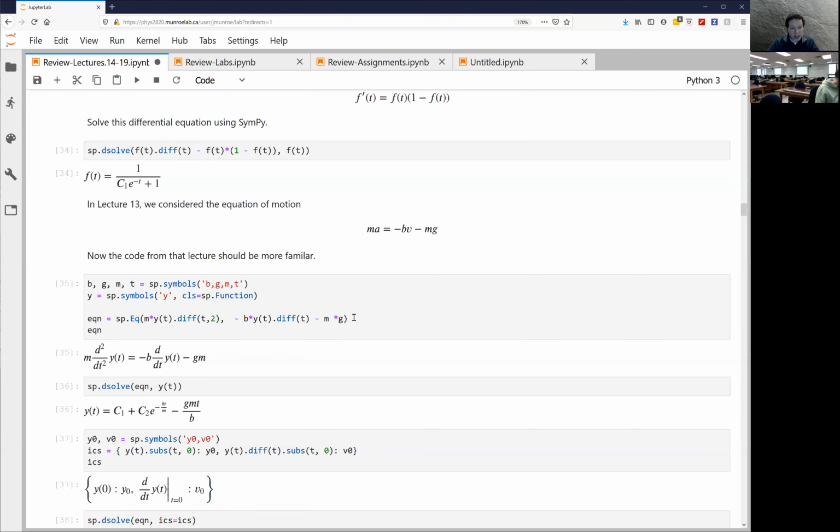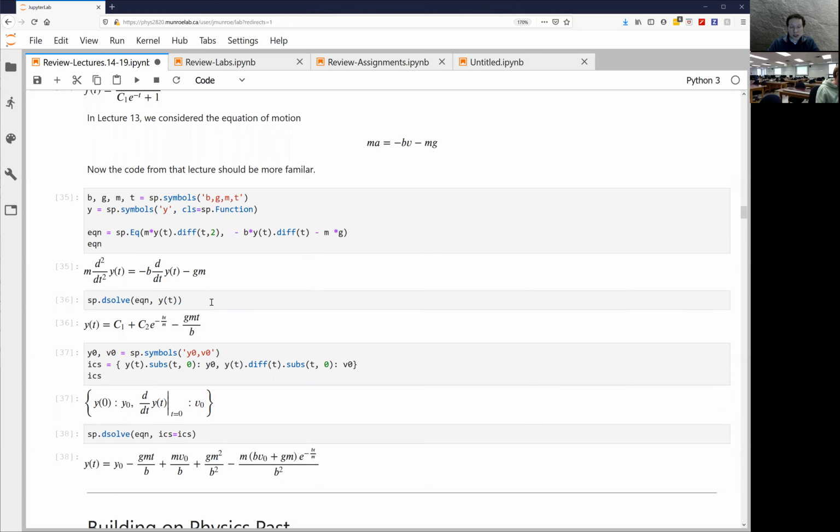You can solve these things using dsolve for some but not all differential equations. And then what we can do is substitute in initial conditions. Initial conditions are just values that you want to substitute in, whatever you want to replace. So if I want to replace y of t when t is equal to 0 with a constant y0, or I want to replace the derivative of y with respect to t when t is equal to 0 with v0, that's an example of initial conditions.